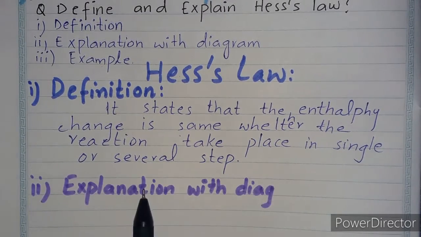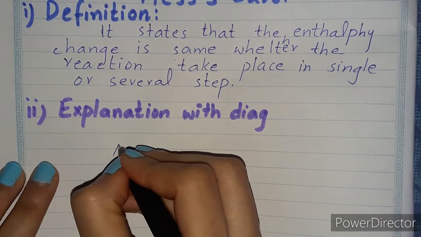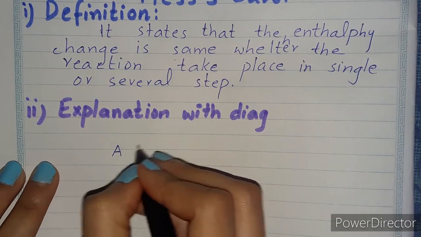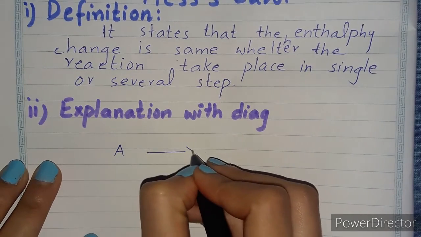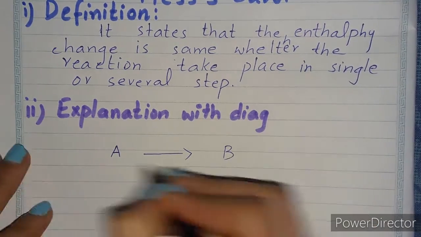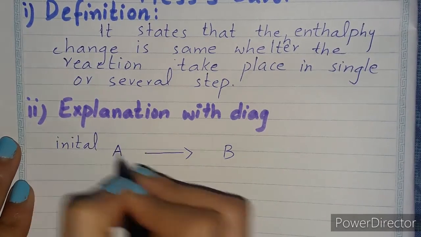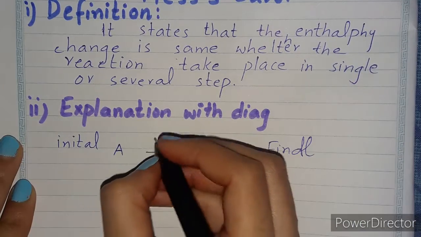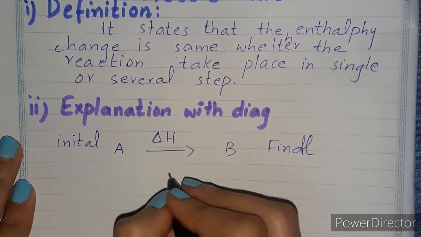The second point is explanation with diagram. So first I will draw the diagram. Suppose this is reactant A which converts into product B, and this is the initial stage and this is the final stage, and here the enthalpy of formation is included.